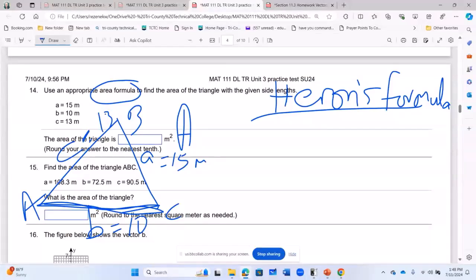Okay, so there's something called S, and S is called semi-perimeter. S equal to semi-perimeter, which is half of perimeter. And perimeter is the sum of all the sides.